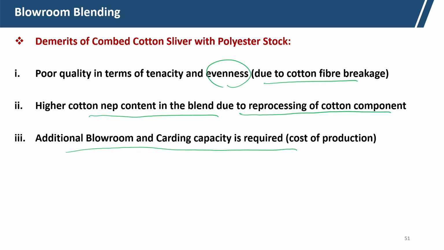Additional blowroom and carding capacity is required, because cotton is carded twice, even blowroom is twice. Cost of production will be high here. Need extra space for stack mixing, because here we are mixing a card sliver, not the bale where the fibers are compact. When we mix the fiber tufts from the bale, it requires lower space.